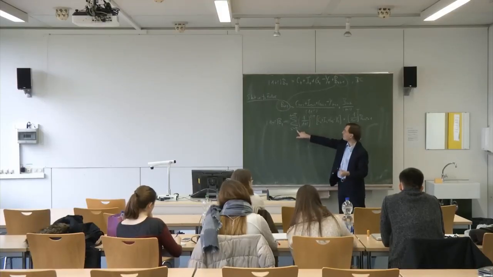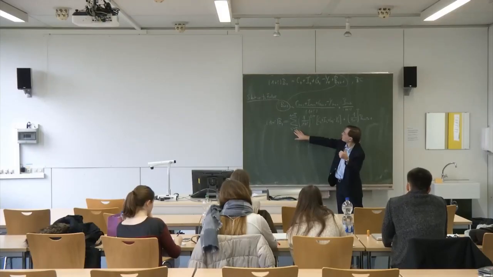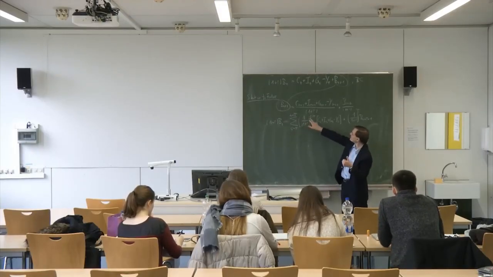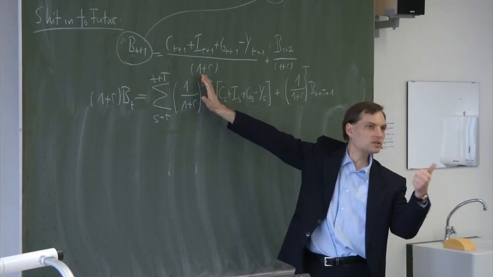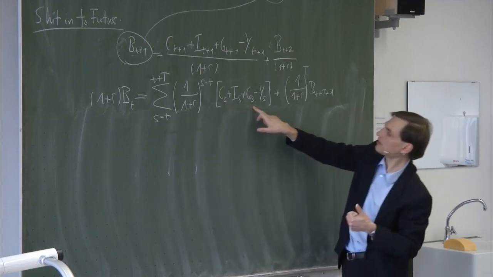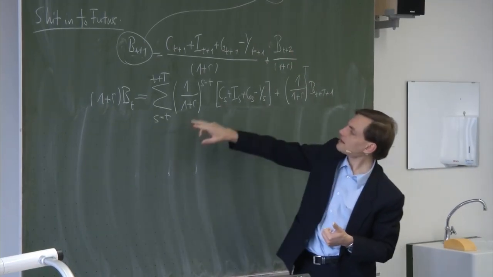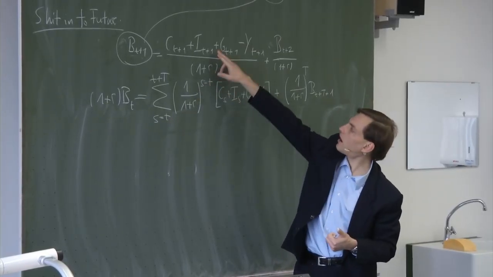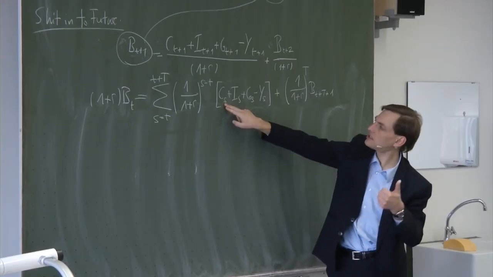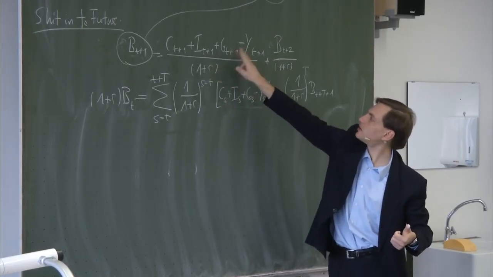Suppose we start at t. If I plug in the first t, you have t minus t, that is this fraction to the power of 0. Well, to the power of 0 is always 1. Then you just have this term, which is the first one. And then in the next period, t+1, you have this 1 over R, and then you have here s+1, which is exactly this first term.